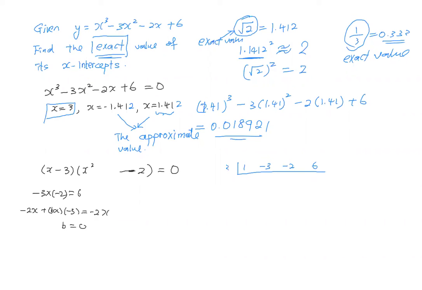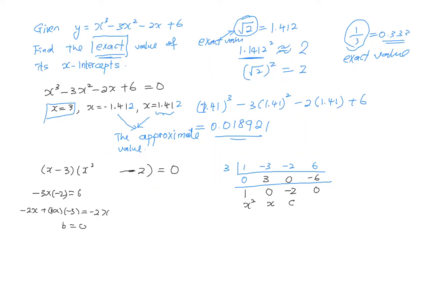And here I put 3. Here I put 0. Then I start to work out. 1, 3, 0, 0, -2, -6, 0. So this is my x squared, this is my x, and this is my constant. Okay? So I got that.